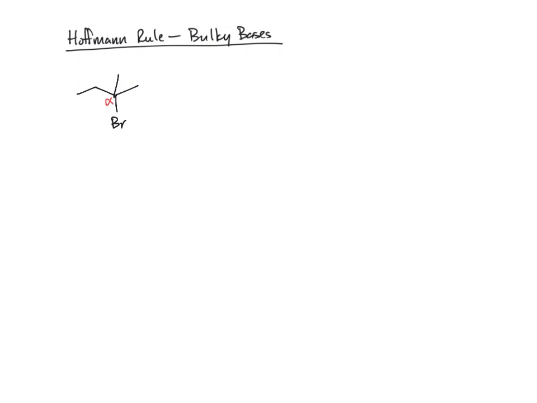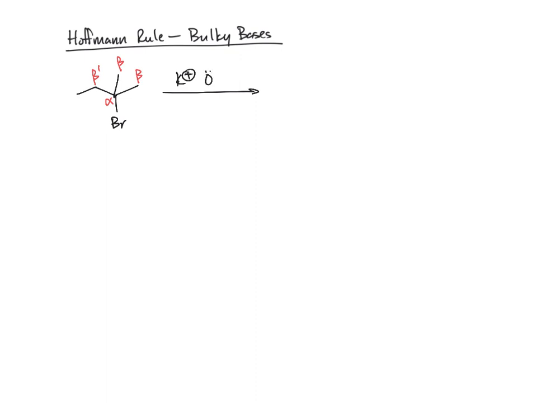This is our alpha carbon. We have two methyl groups, beta, beta, those are the same. This methylene, that's beta prime. So here's our metal, potassium.